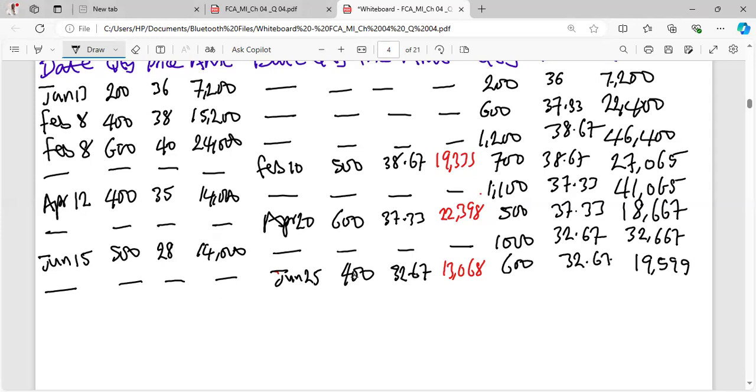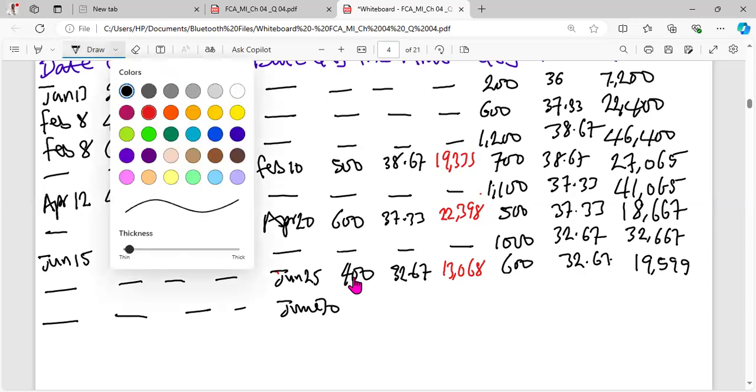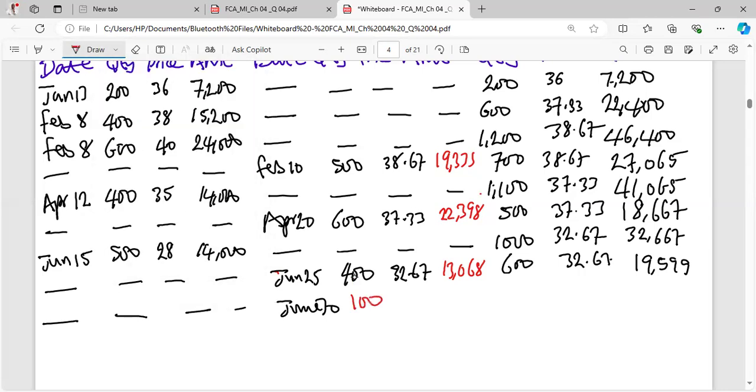Then, of course, the last one, which is June 30. We had 100. Of course, it's still going to be at 32.67, which will give us 3,267. So here will remain 500.